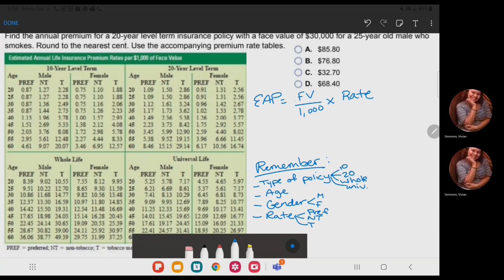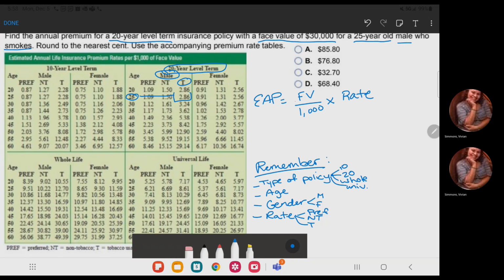So according to our problem, we have a 20-year level term with a face value of 30,000 for a 25-year-old male who smokes. Okay, so we have 20-year level term right here for a male who's 25 and he smokes, so that's tobacco.